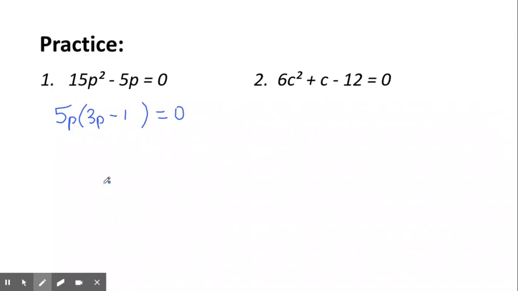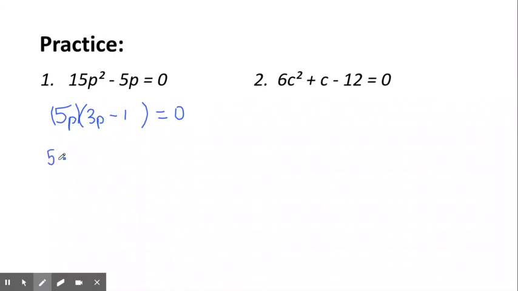That next step, just like before, is setting each part equal to 0. Now this time, sometimes students struggle a little bit to see what we're setting equal to 0. It might help if I put parentheses around this, but you're saying the 5p, this part here, times 3p minus 1 equals 0. So using that same rule as before, if this times this equals 0, means one of these parts here had to equal 0.